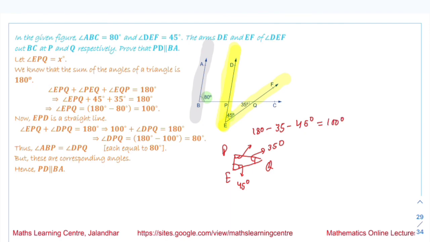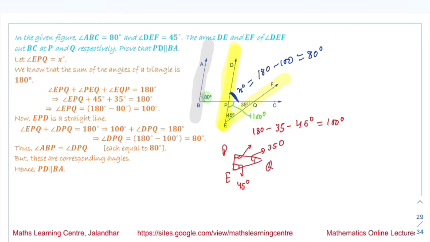So we get the value of angle P, this is 100 degrees. Now suppose the value of this other angle is x degrees, then x and 100 form a linear pair. So the value of x is 180 minus 100, which is equal to 80 degrees.